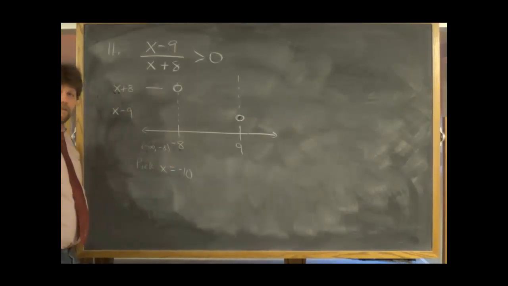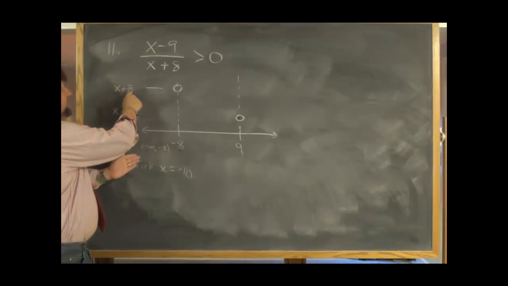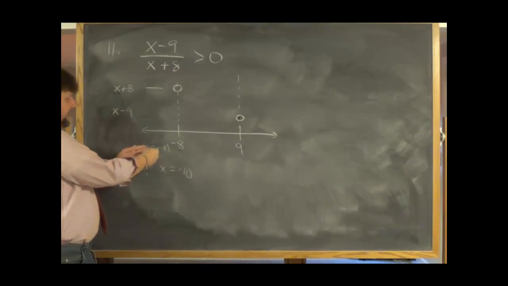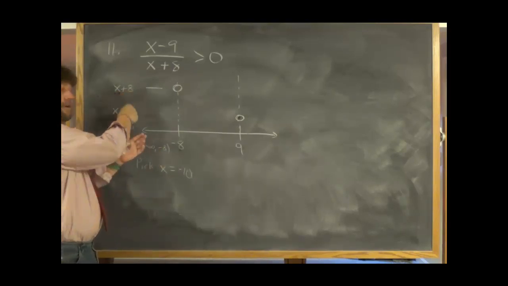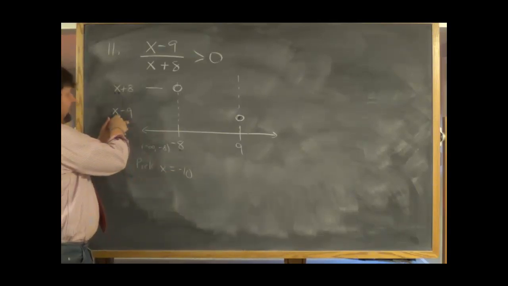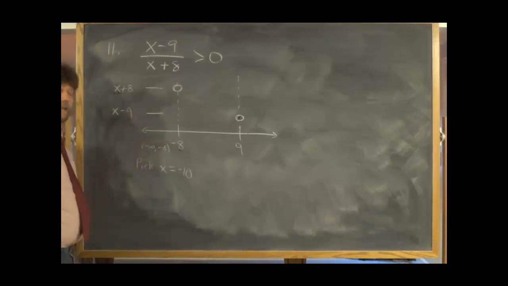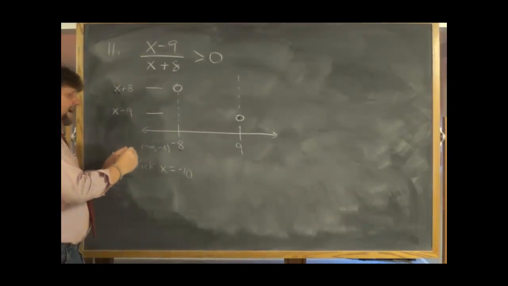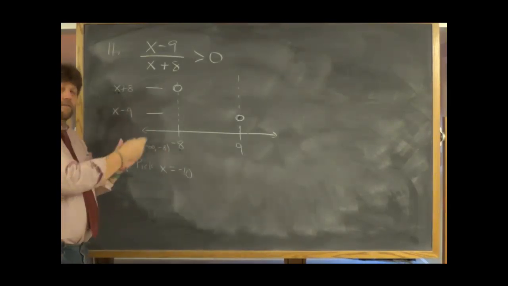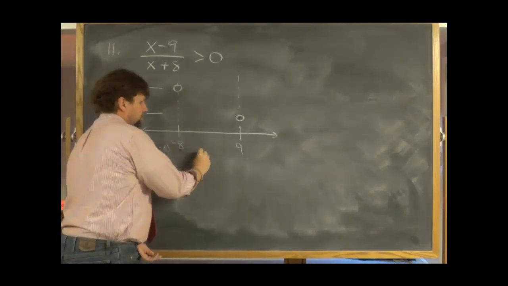So for any x that I pick in this interval, x plus 8 will be a negative number. If I pick negative 20, negative 20 plus 8 is negative. Put negative 10 in for x here: negative 10 minus 9 is negative 19. It's negative. No matter what value of x I pick in here, a negative number will come out.